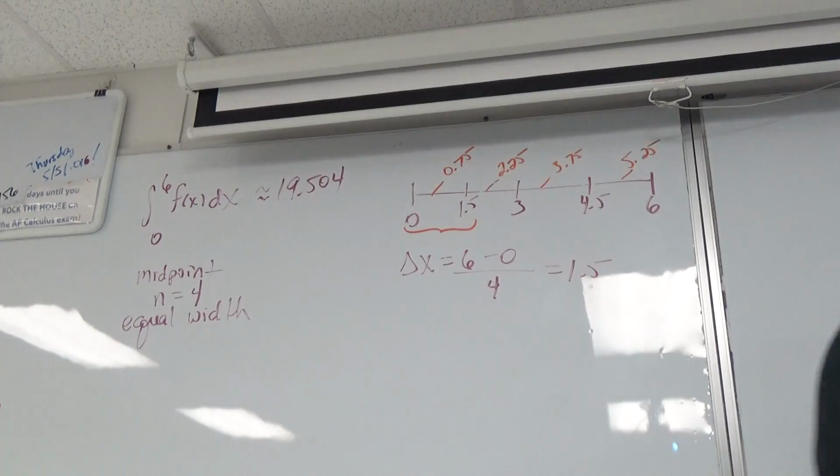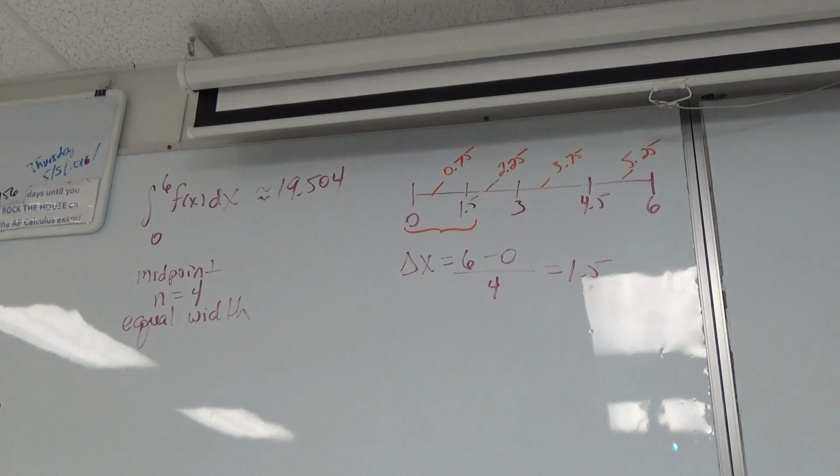So let's draw the rectangles. The significance of the 0.75, that's going to be where I go up to the curve and I say, that's how tall my rectangle is. And I go over to the left, I go over to the right, and I make my rectangle. That's the first rectangle, determined by finding the value of the function at 0.75.